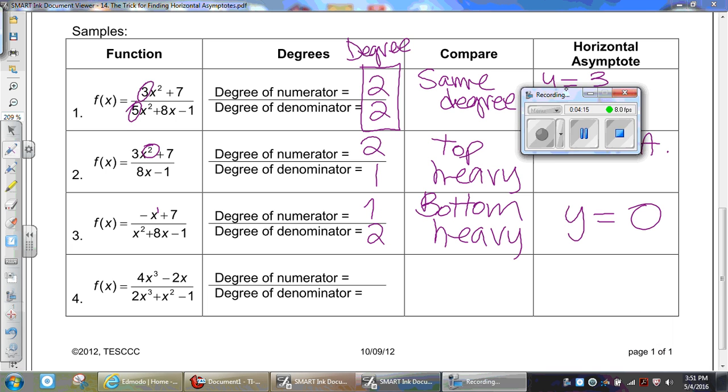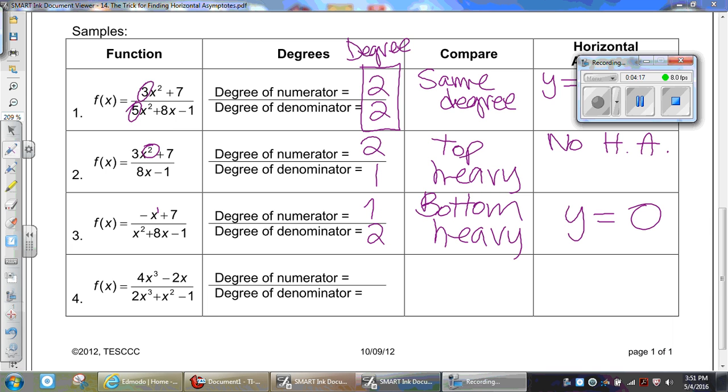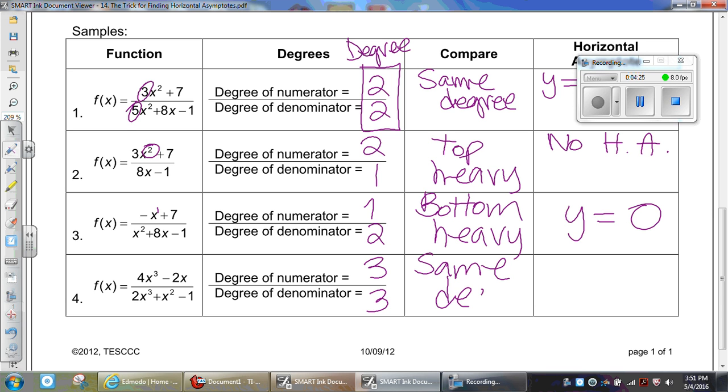And let's do one more and the last one. So the degree of the numerator is a 3. The degree of the denominator is also a 3. So again, we have same degree. So the horizontal asymptote is going to be the line y equals the ratio between the two leading coefficients.